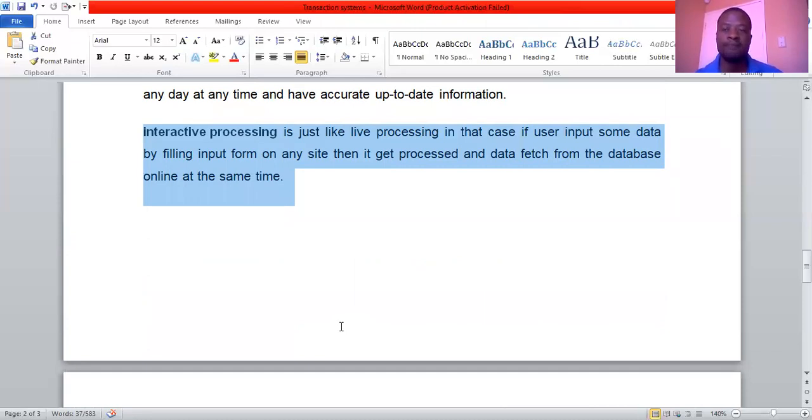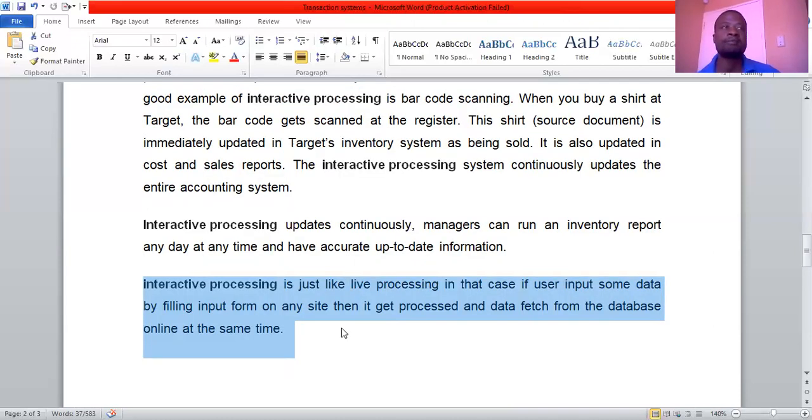Like if you're buying something and you are using your ATM card, when you come at ShopRite or maybe Pick n Pay, and you're swiping your ATM card to pay, the system doesn't have to wait for 2 days for this to be approved. You don't stand at the teller for 2 days.